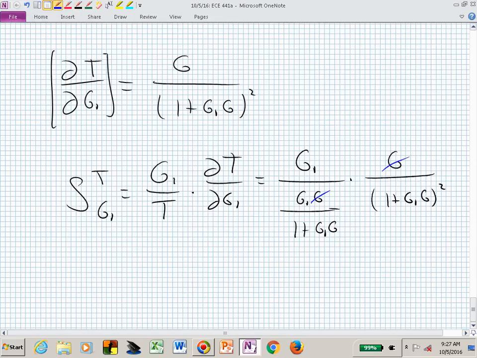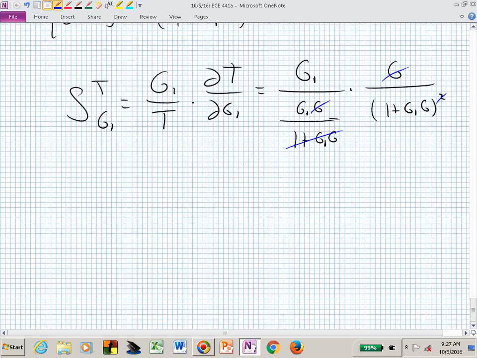We can clean that up a little bit, and we're left then with the sensitivity of T with respect to G1 is now G1 over, whoops, let me clean it up some more. And now we have this is 1 over 1 plus G1 G.